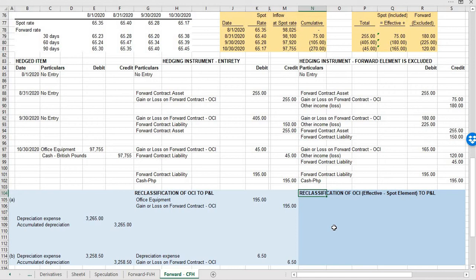So, ang entrada natin is debit office equipment for 270 pesos, which is the cumulative balance related to the spot element. Then, credit gain or loss on forward contract OCI, 270 pesos. So, ngayon, kung si holder, dinesignate niya is only the spot element as the hedging instrument, ang equipment natin ngayon is now at 97,755 plus 270 pesos.